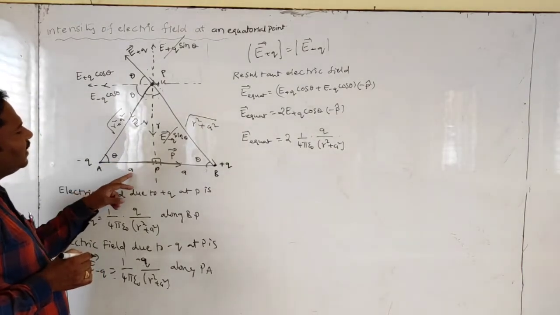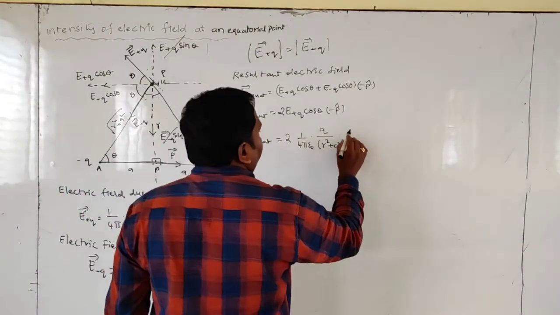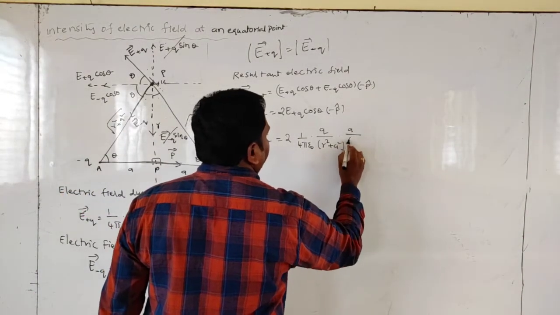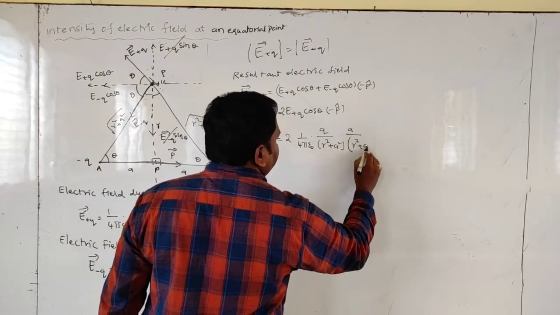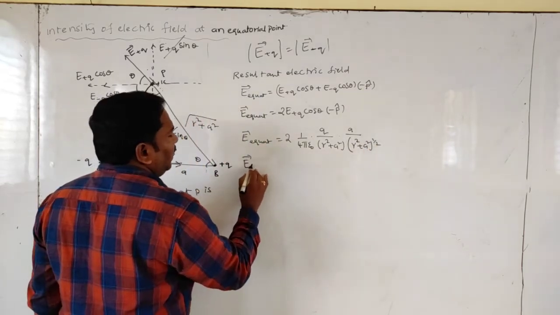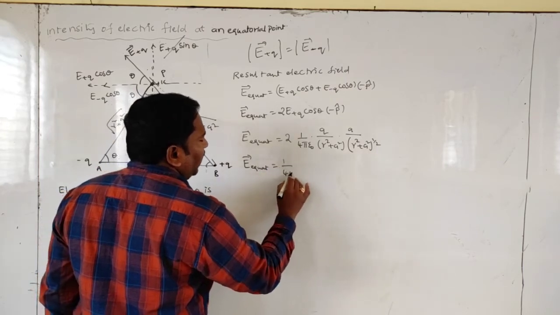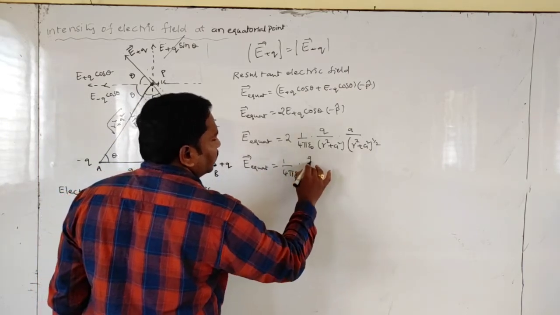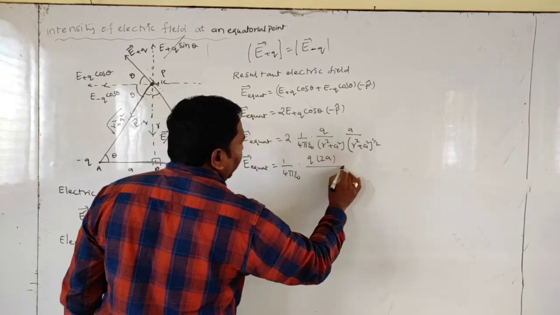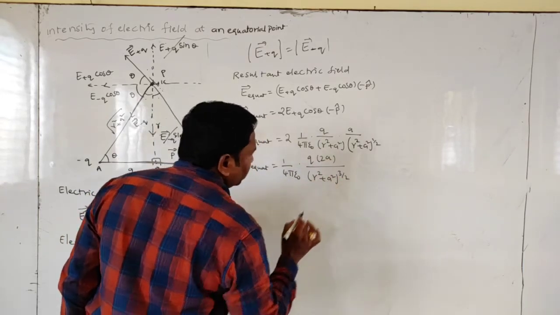Cos theta is adjacent side by hypotenuse. Now this is A by R square plus A square whole power 1 by 2. So now E equatorial equals 1 by 4 pi epsilon naught Q into 2A by R square plus A square whole power 3 by 2.